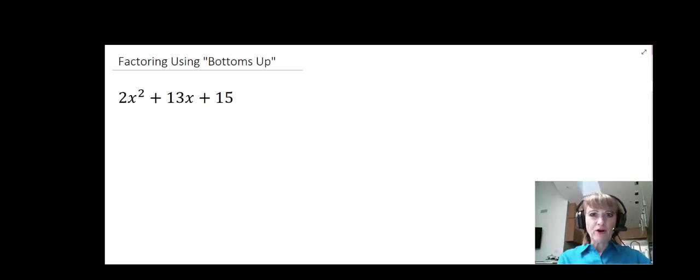When we're asked to factor something, we're turning it into something times something, and maybe something times something times something. And as you can see on this trinomial, it's not something times something, it's something plus something plus something. So it is not factored.